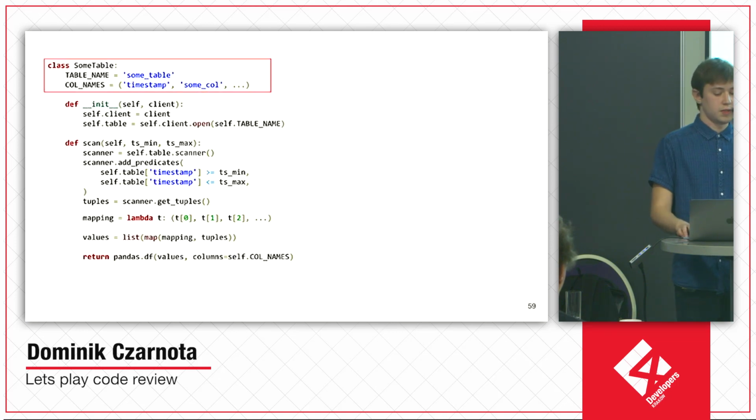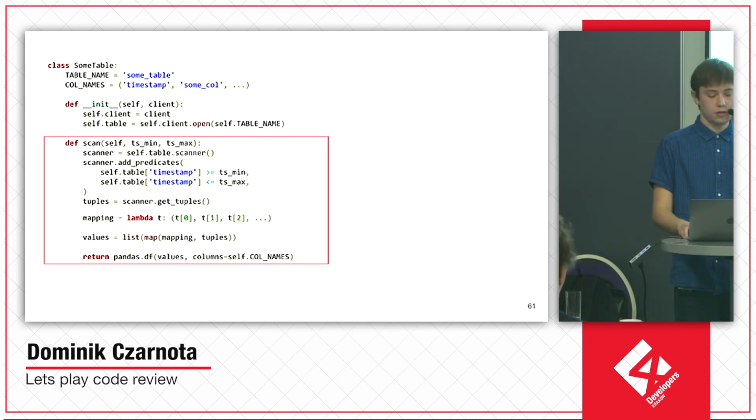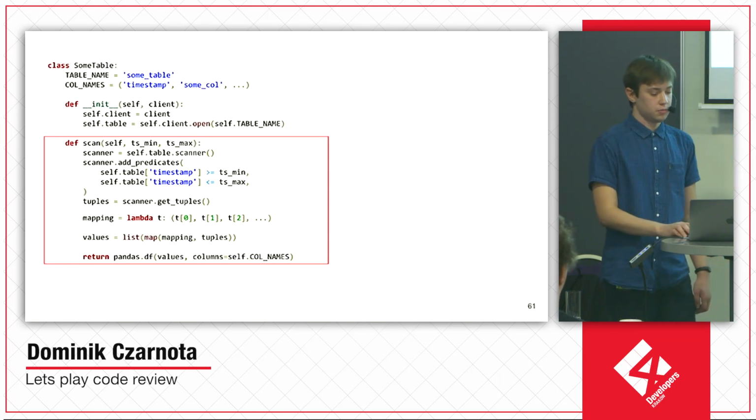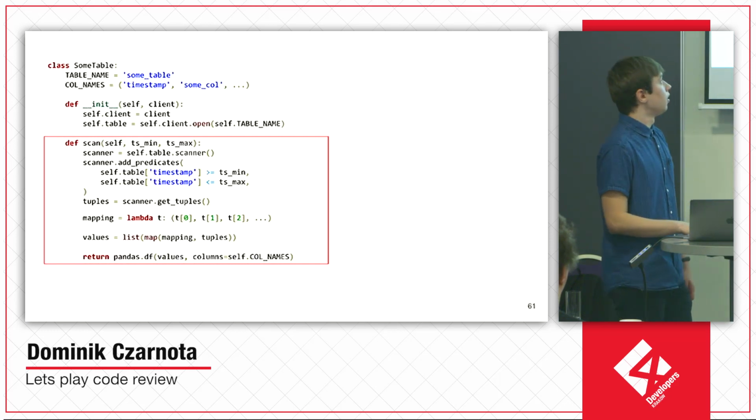So we specify the table name and the column names. We have the init that takes the client that is connected to the database, I mean data storage. You open a table inside of this init, and then you have a scan method that lets you apply some predicates, actually predicates based on the timestamp here.